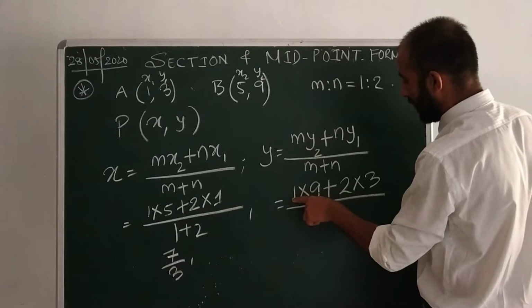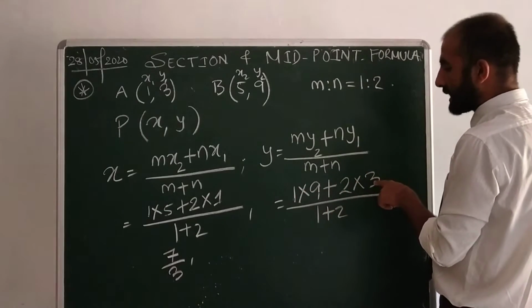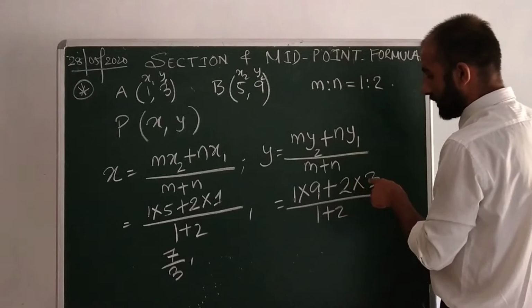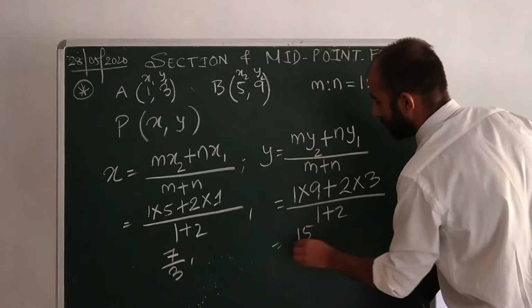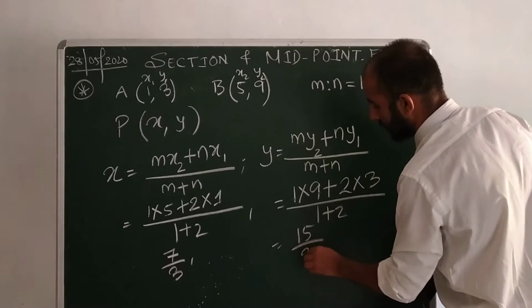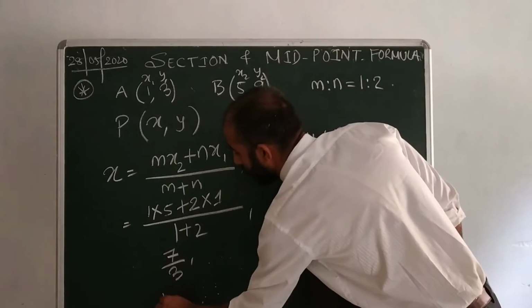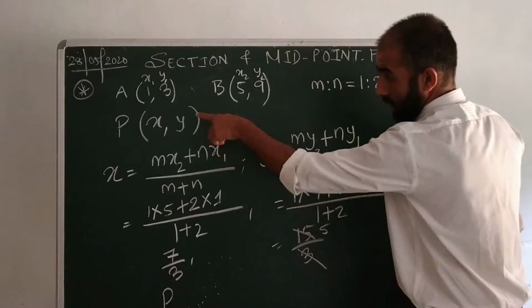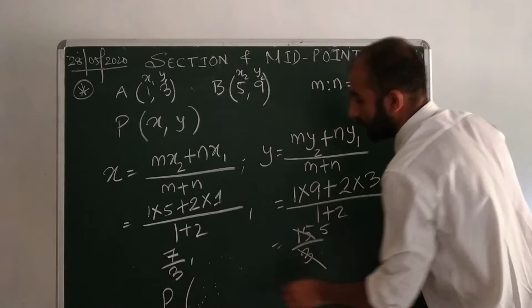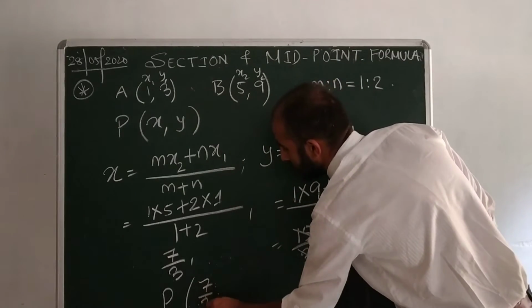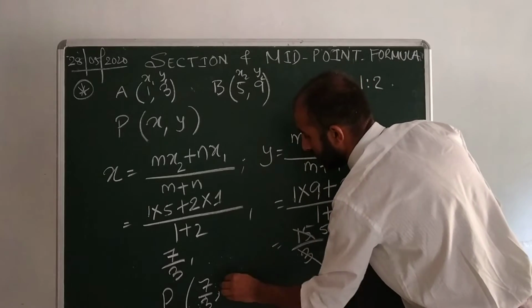Out here 9 ones are 9, 2 threes are 6, that means 9 plus 6 is 15 by 3, which is 5. So the required coordinate of P will be (7/3, 5).